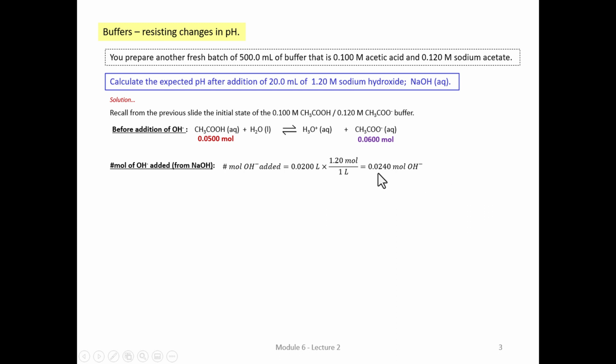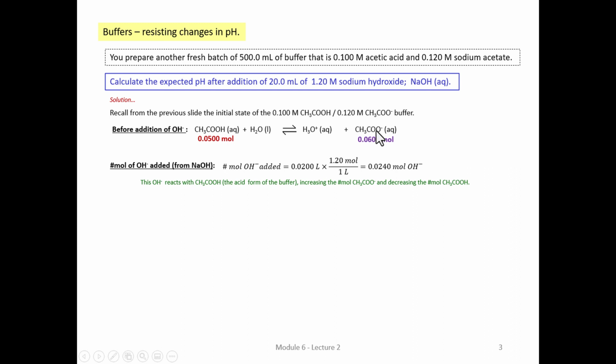So we're adding 0.0240 moles of hydroxide. Well, what is the hydroxide going to go after? Well, on a previous slide, we decided we'd look at this as the hydroxide going after the acid form, acetic acid, and turning it into base form.